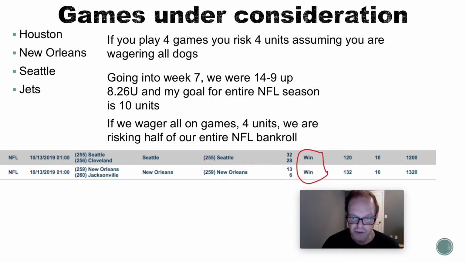If you risk 1 unit, the absolute worst thing that can happen is you lose that 1 unit. So it seems like a given, but to minimize risk in any sport, wager fewer units, make fewer plays. It's a very good strategy.